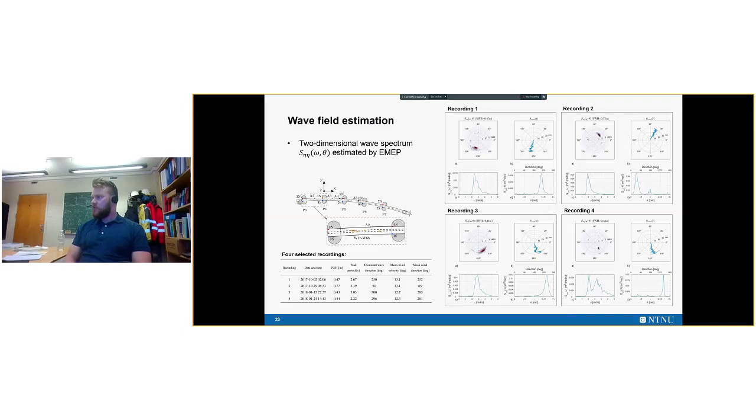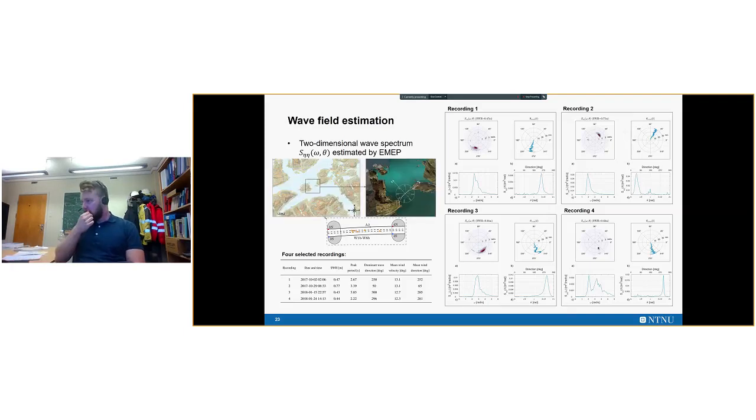So in these figures you see in the subplots that are denoted A, the directional wave field, plotted on a map of the local topology around the bridge. So here we see that we are able to quite well estimate the direction of the incoming waves, in addition to the frequency content of the wave process.